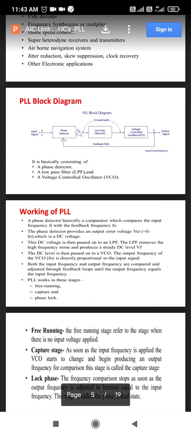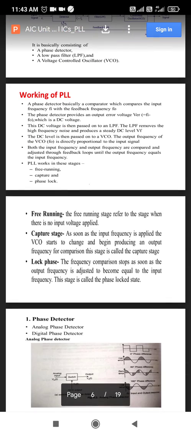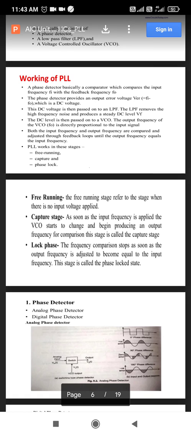There are three important blocks in the PLL: the phase detector, the low pass filter, and the VCO, that is the voltage controlled oscillator. After the working, we saw the different specifications, that is the PLL working in three different states: free-running, capture range, and lock range.